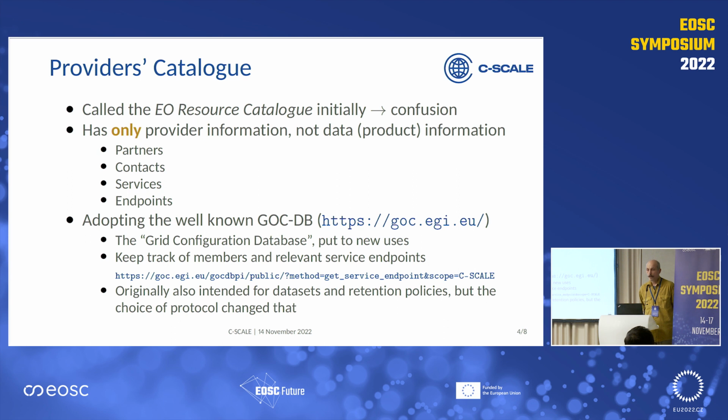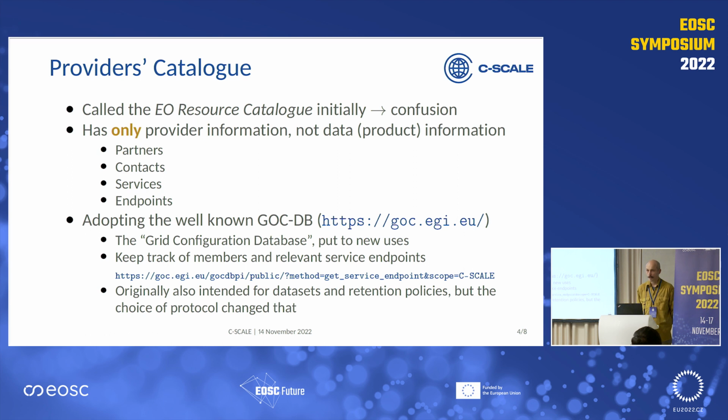So for that purpose, we keep a catalog of our providers. In early slides or early proposals for the C-SCALE project, this was called a resource catalog, and it caused a lot of misunderstandings because everybody tended to understand it as a catalog of products available in the federation. In fact, it is only a small catalog of members in the federation that lists what I was mentioning on the previous slide.